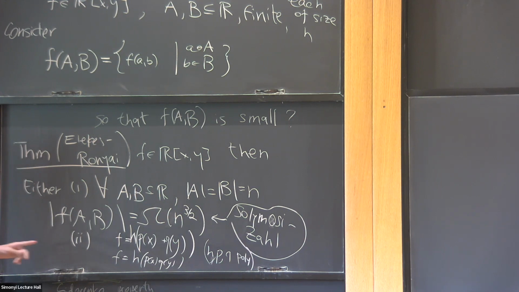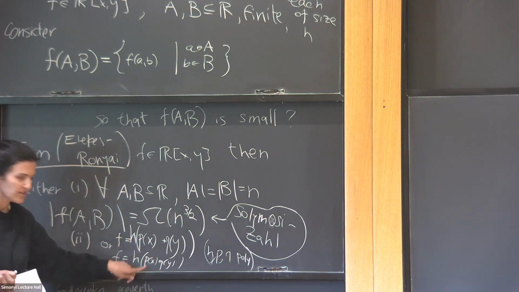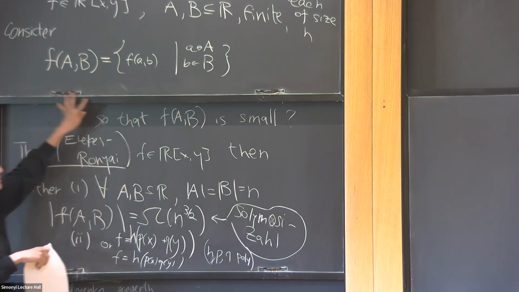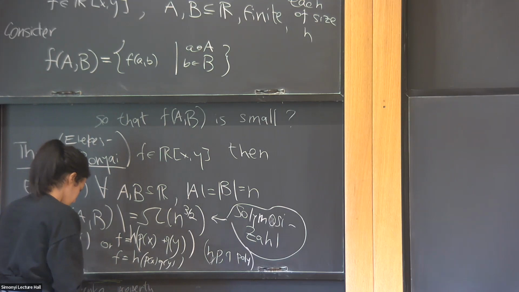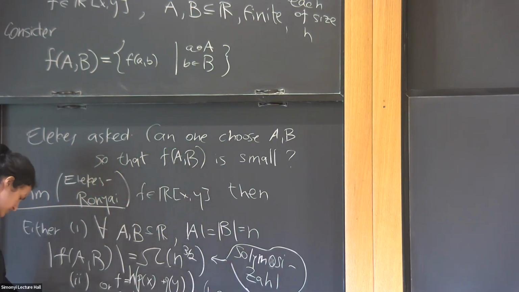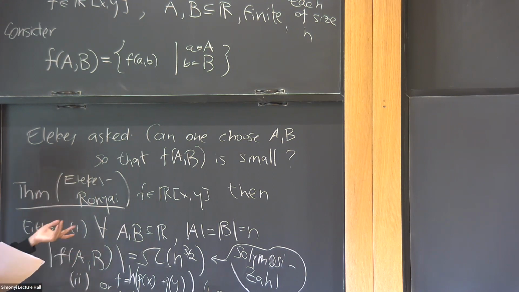If I don't insist on polynomials, then actually that's the same thing, right? I can take a log here and get the additive form. Of course, if f has one of these forms, then we can choose sets A and B such that the image is small, linear in n.